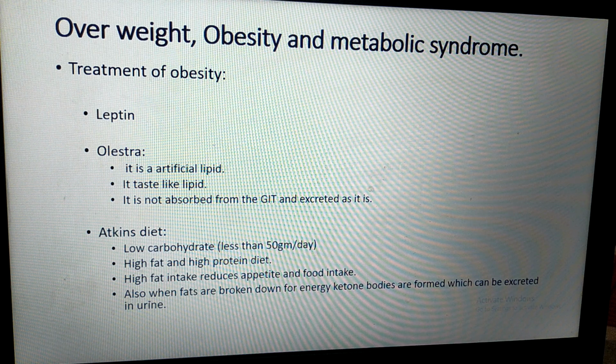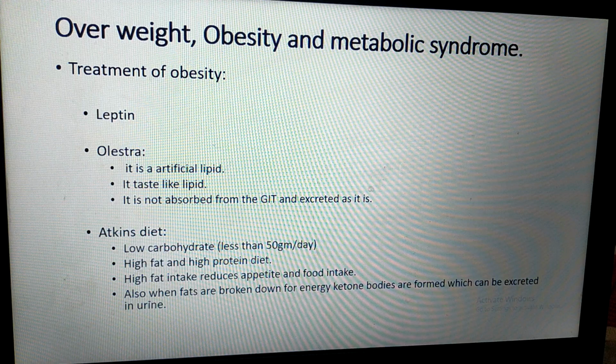Olestra is also useful. It is an artificial lipid. It tastes like lipid, but it is not absorbed from the GIT and is excreted as it is. Now, the Atkins diet is also advised by some people, but it is controversial.